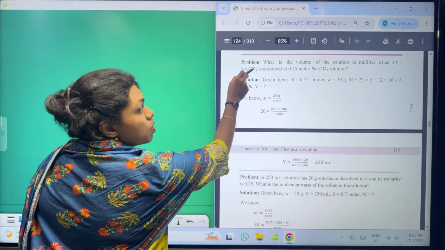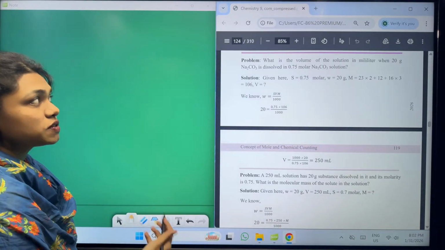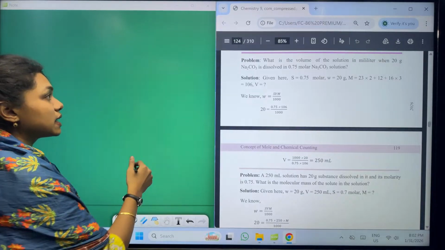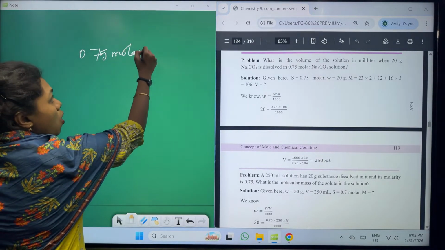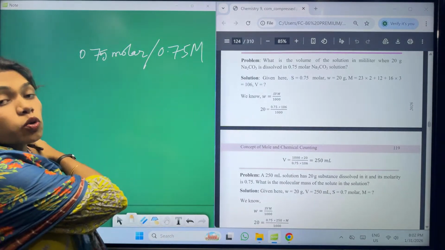What is the volume of the solution in milliliter when 20 gram Na2CO3 is dissolved in 0.75 molar Na2CO3 solution? Once again, 0.75 molar, or 0.75 capital M, represents a molar solution.